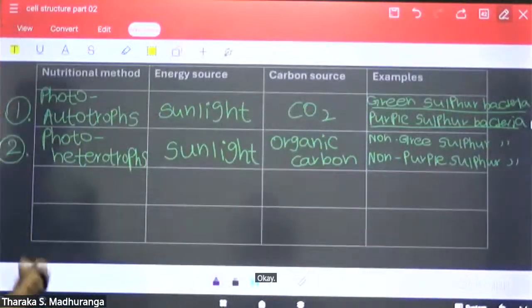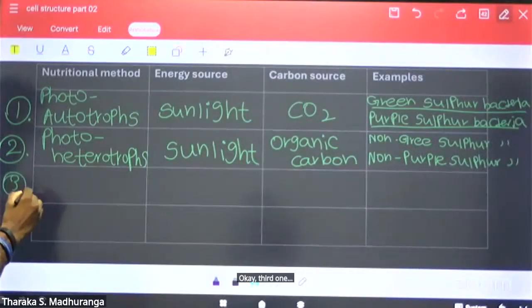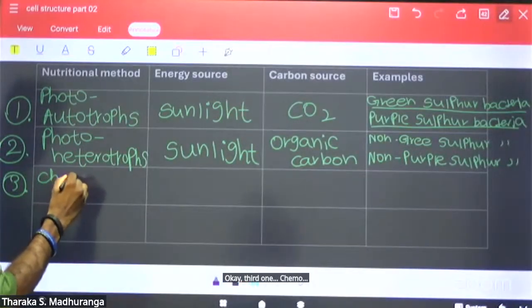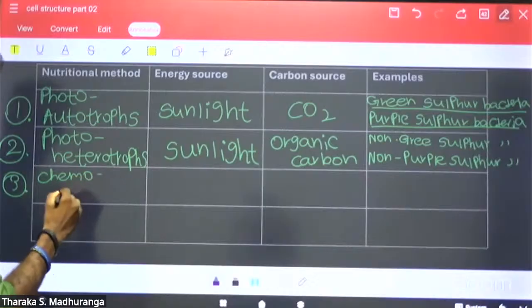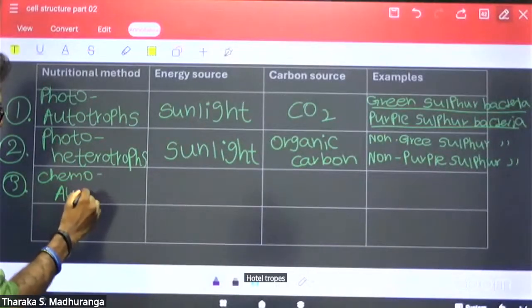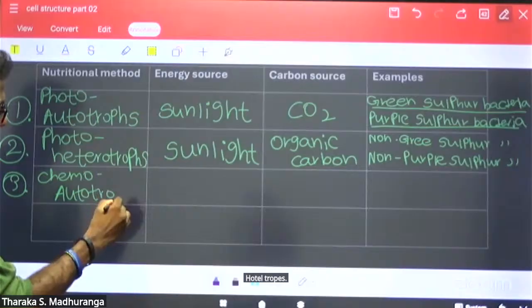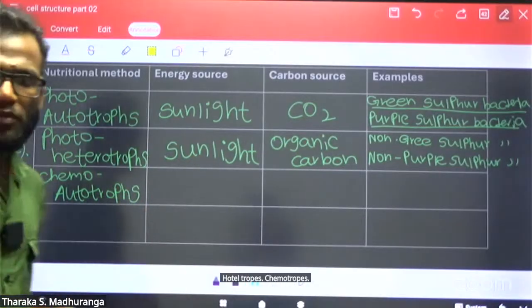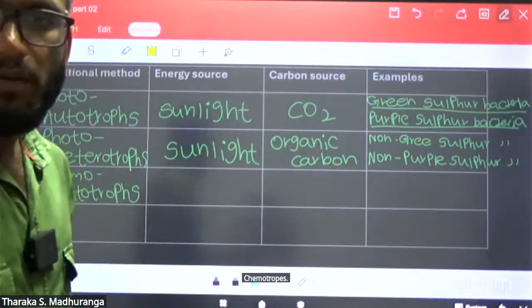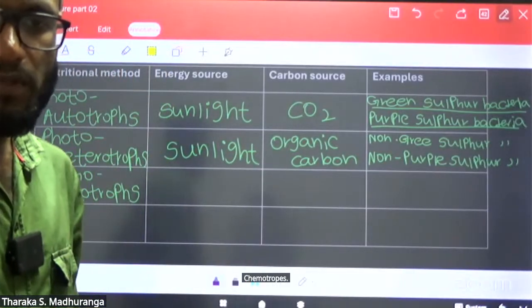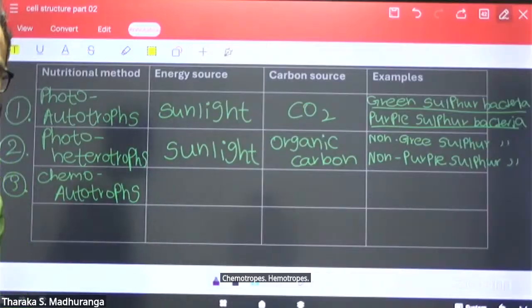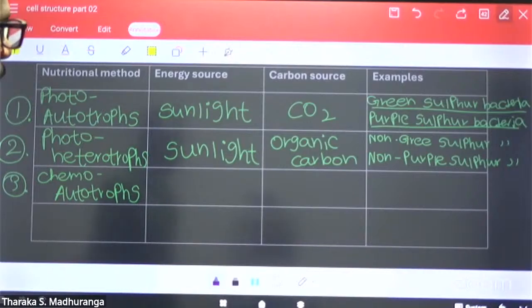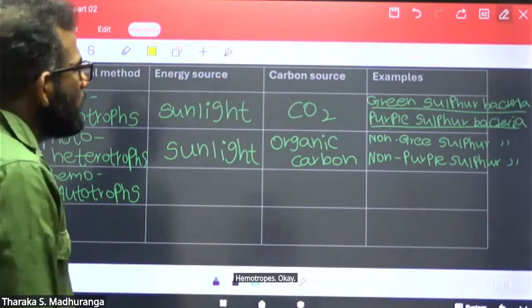Okay, third one, chemoautotrophs. What do you think?